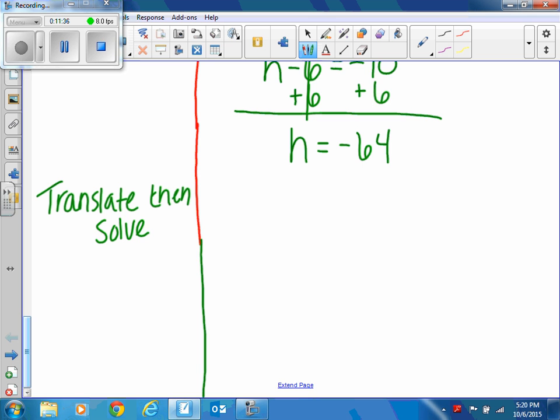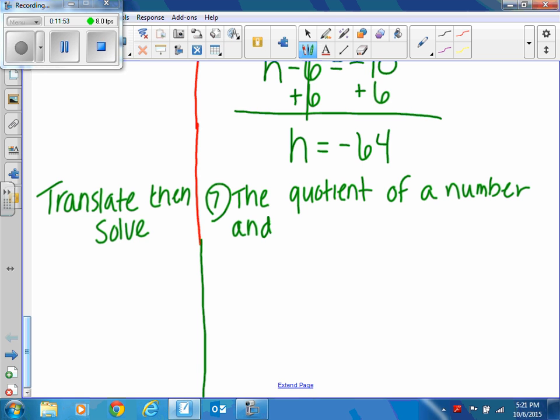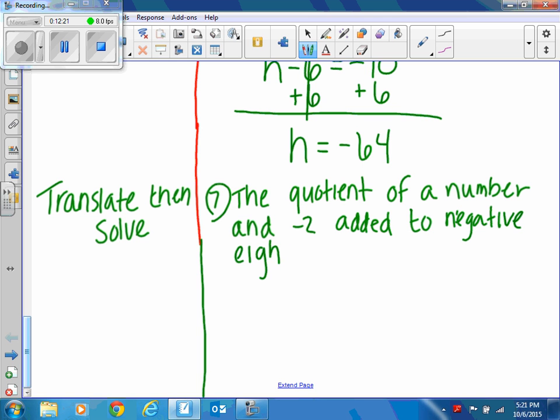So let's say we have, I think I'm on 7, the quotient of a number and negative 2 added to negative 8 yields 10.